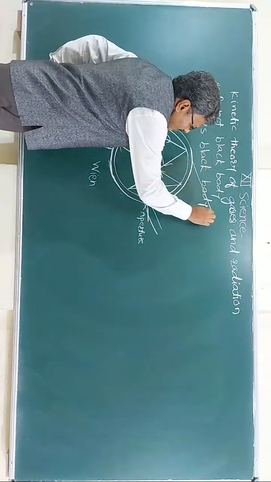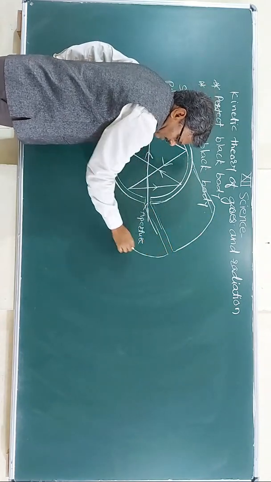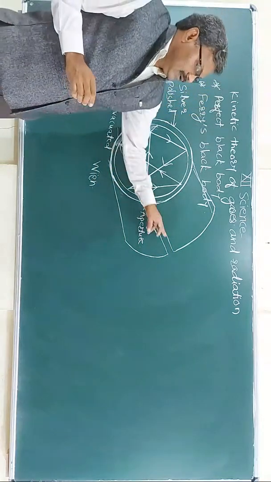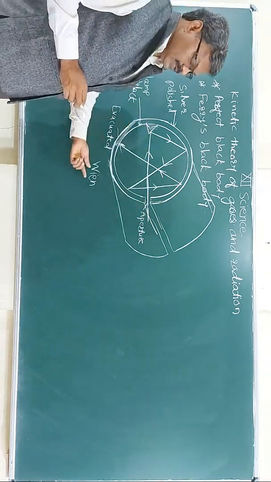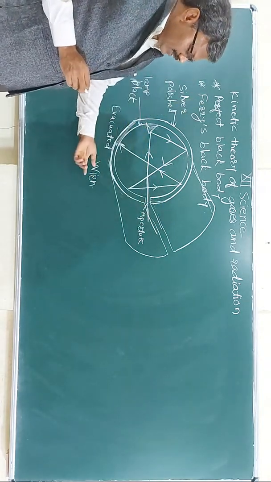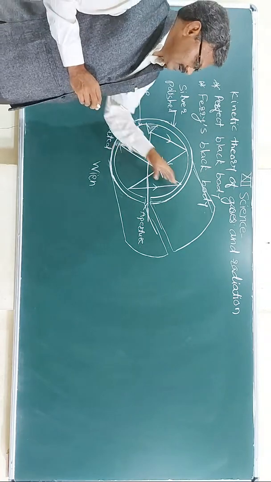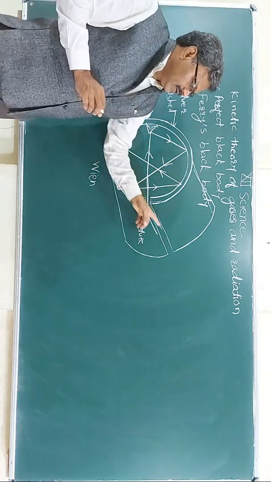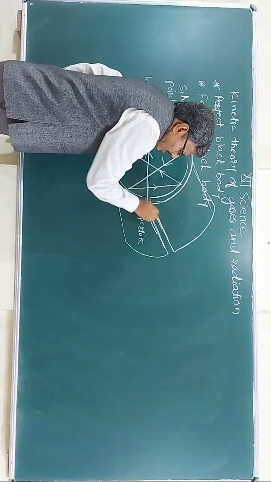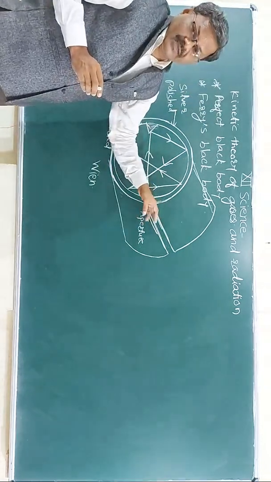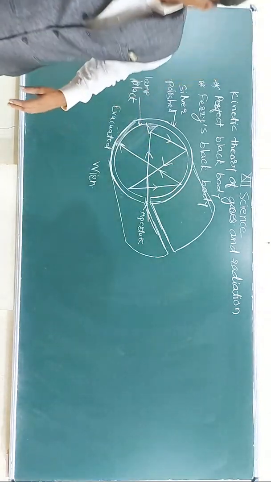We can draw such a cylinder, but it has a large area of aperture. He took the cylinder instead of a sphere, with a vertical aperture, and this increases the effective area. Thus, this also acts as a perfect black body.